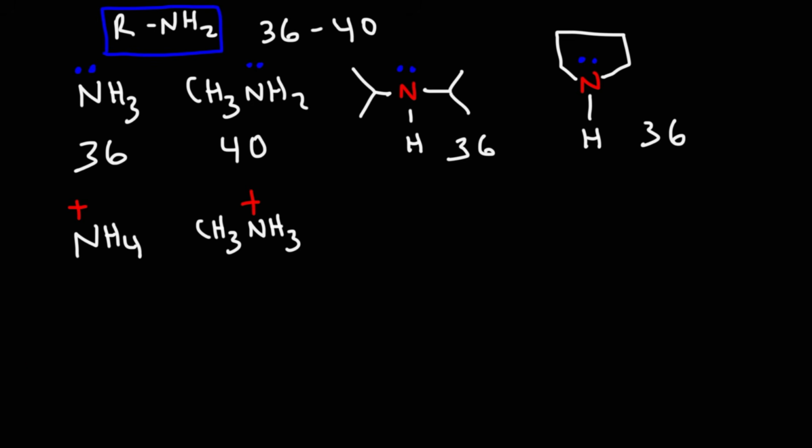Ammonium has a pKa of around 9.5, 9.6 in that area. Methylammonium, I've seen some sources say 10.5, others 10.7, so close to 10.6. And then the ethylammonium group, that's around 11.